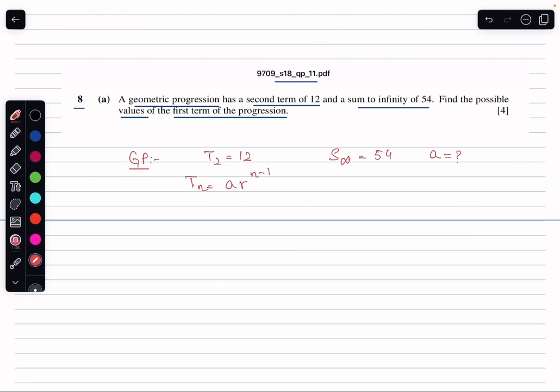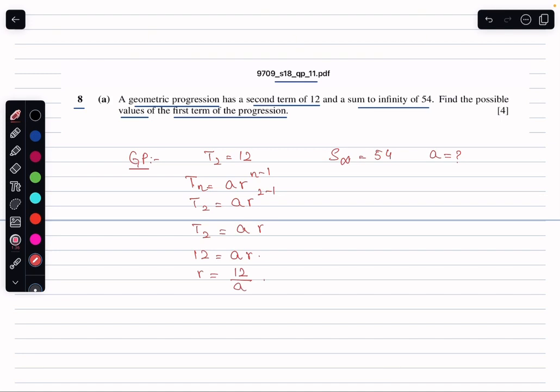So the second term T2 shall be equal to ar to the power 2 minus 1, or I can say that the second term is going to be ar. The second term is 12, so 12 equals ar, or here I can say that my r value is going to be 12 by a.